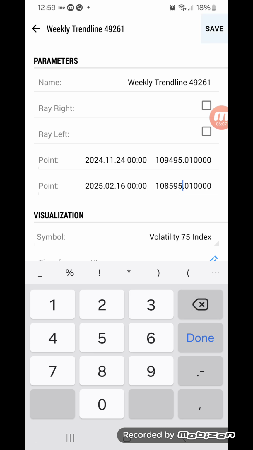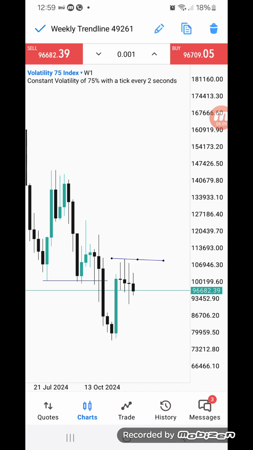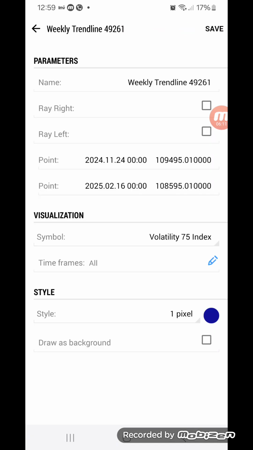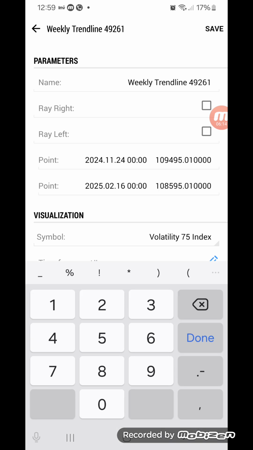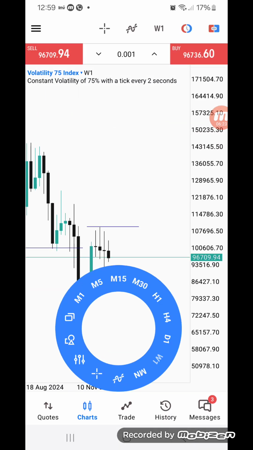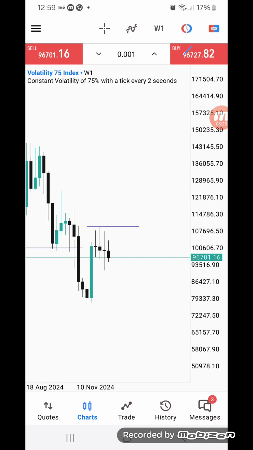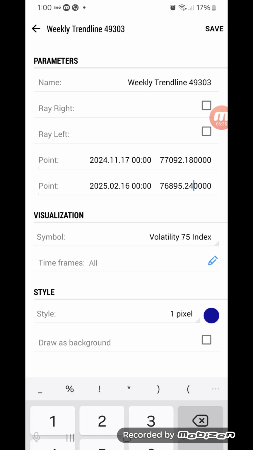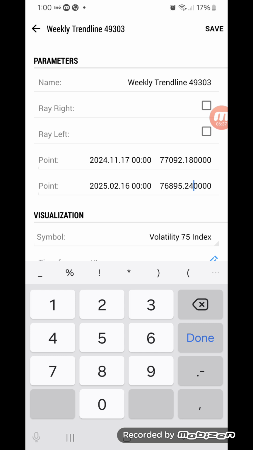Okay, so that's our buy side liquidity, and then we also mark our sell side liquidity. So the market is within the buy side and the sell side liquidity. That's where we are seeing the market standing.